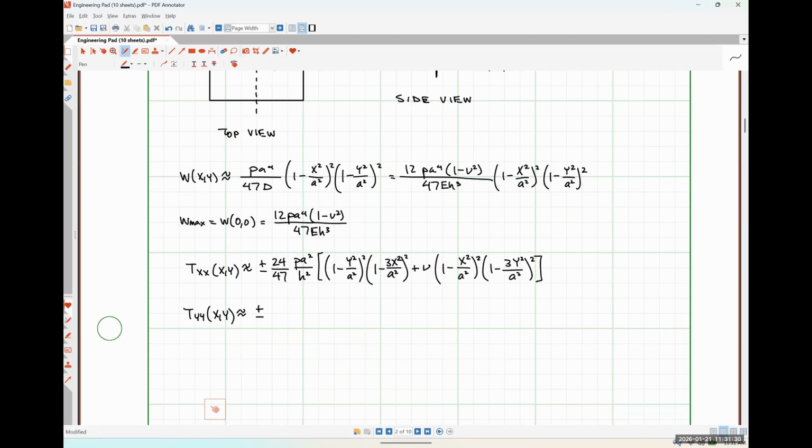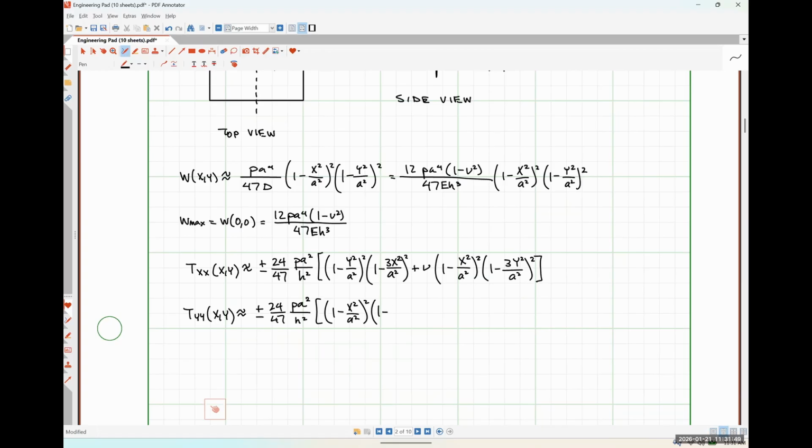So plus minus 24 over 47 PA squared over H squared, 1 minus x squared over a squared. Goodness gracious, that doesn't look like a 2.